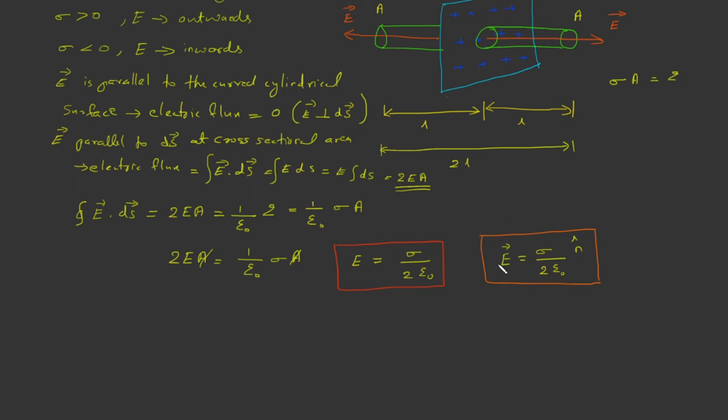So from this equation you can easily see if sigma is positive, E is outwards, and if sigma is negative, E is inwards. So here we found the electric field due to a uniformly charged infinite plane sheet.